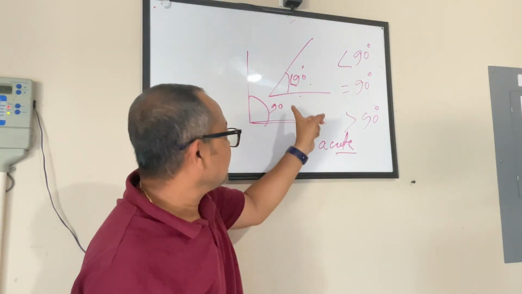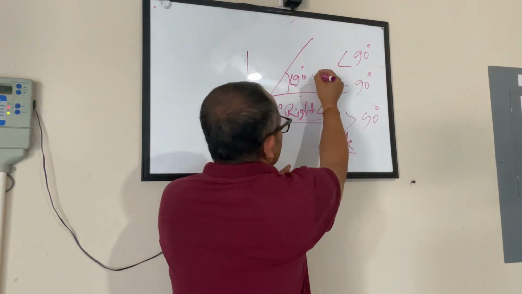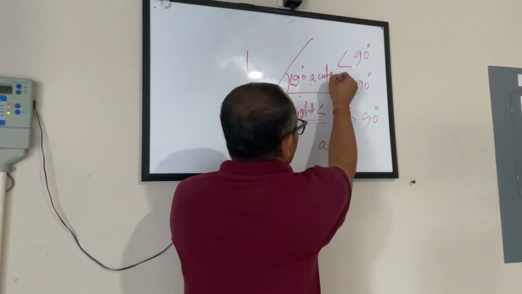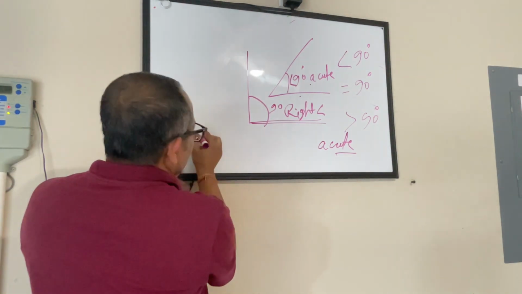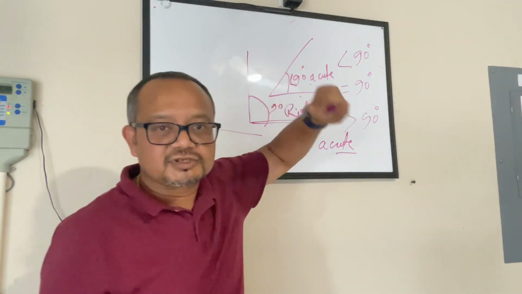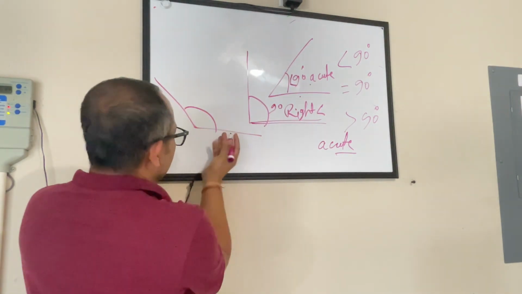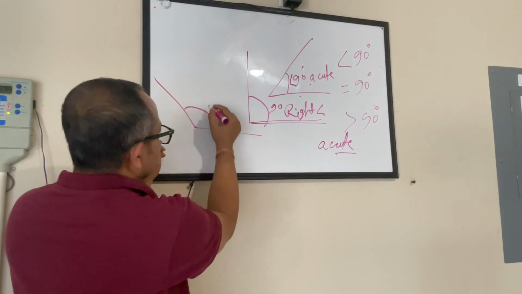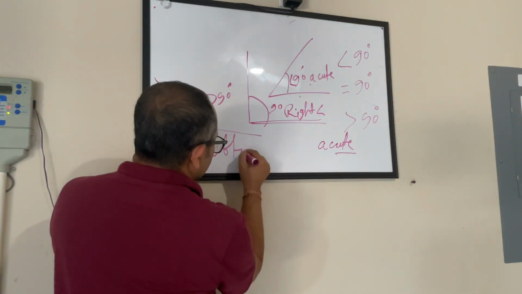So less than 90 degrees is called acute angle. Now, when my wall is falling towards my neighbor's house, meaning it is moving farther from each other, the wall is falling in the other direction. When this is greater than 90 degrees, it's called an obtuse angle.